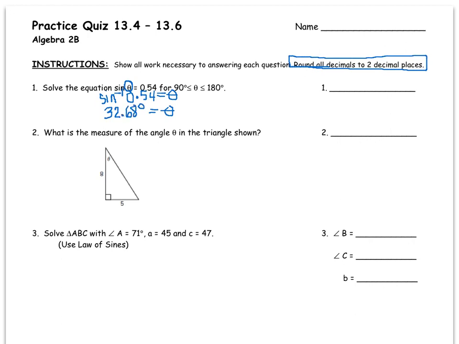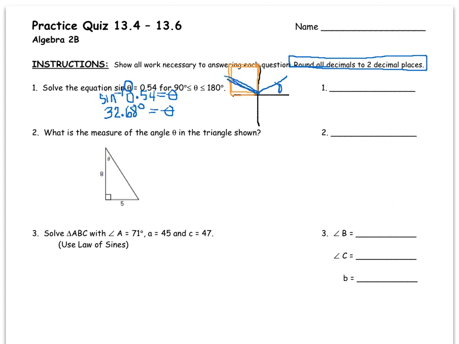Now, that value is not between 90 and 180, so I like to think of, if I draw my coordinate plane, where would it be? I want my answer from 90 to 180, so I want it in this quadrant right up here. Now, 32.68 would be somewhere around here. I need to think of my reference angle over here.